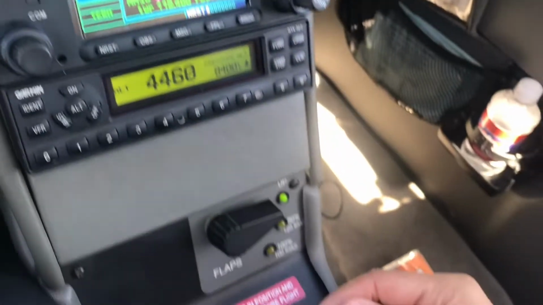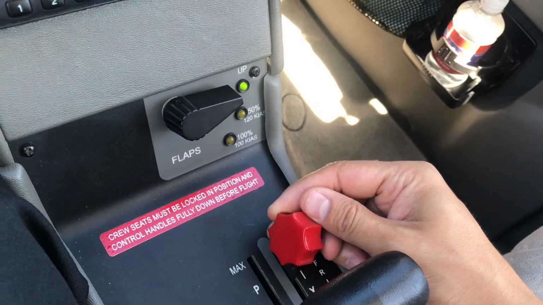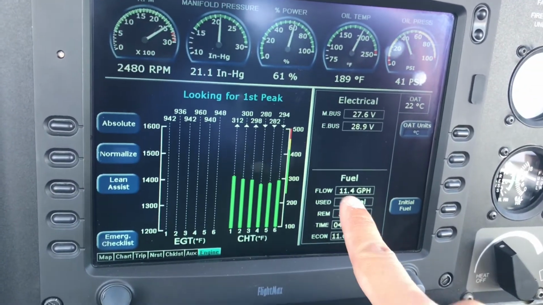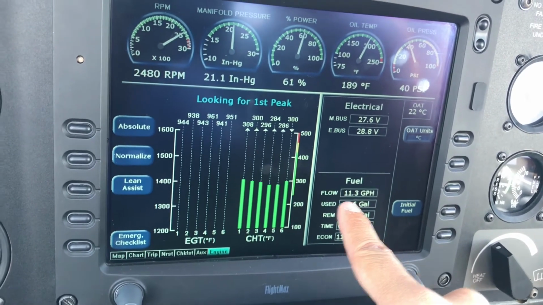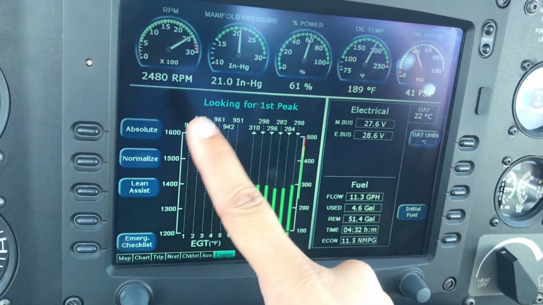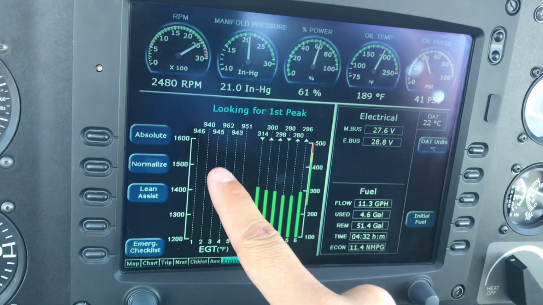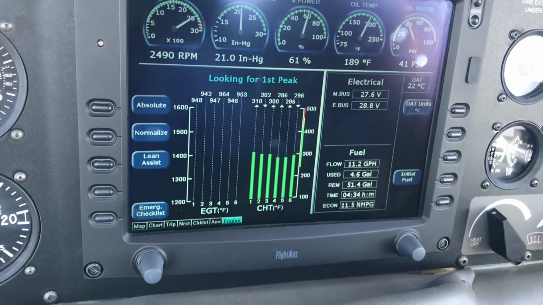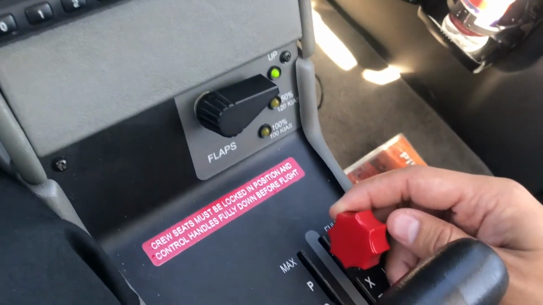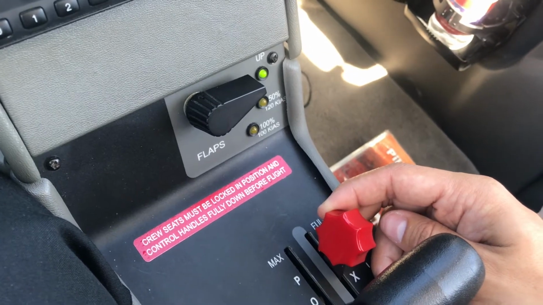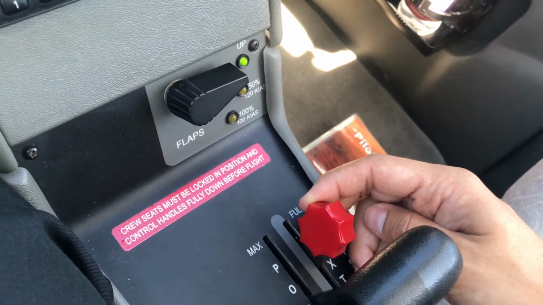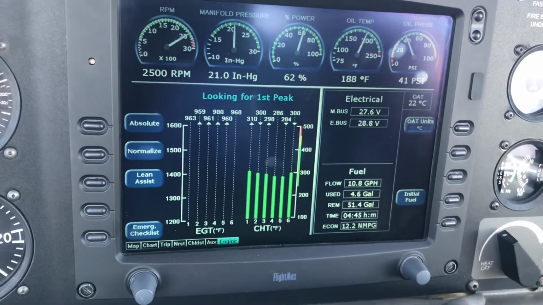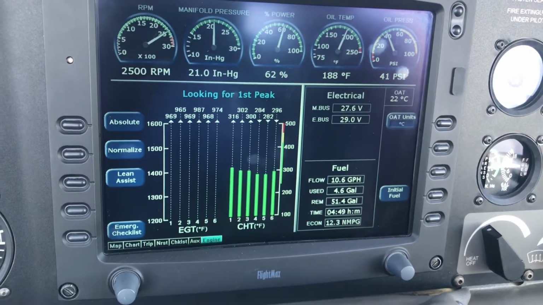So I'm going to start reducing the mixture, and you will see here two things. The fuel flow is going to reduce, and the temperatures, the temperatures for all the six cylinders, are going to increase. So let me start pulling down, and you do that very slowly, otherwise the lean assist won't work that good. Okay, so now you see the speed at which I'm reducing the mixture.